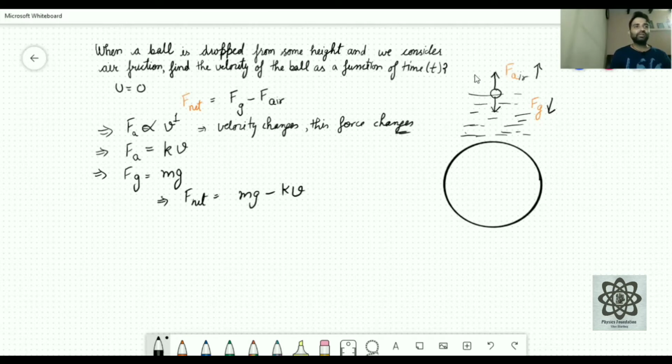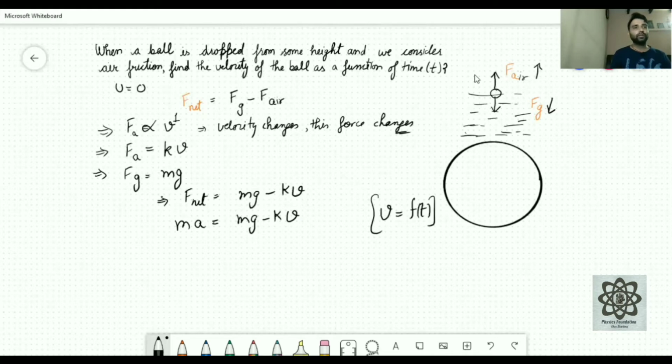Now if we proceed by this, we can say F net is equal to mass into acceleration. It is the second equation of motion. By second equation of motion, we came to this equation m into a, and that is equal to mg minus kv. Now what we need to find out is v as a function of time t, right?